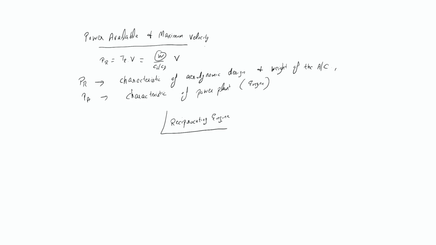So this is the reciprocating engine. This is the propeller, and this is the shaft. Okay, so that will produce the power available. So how does a piston engine generate power?